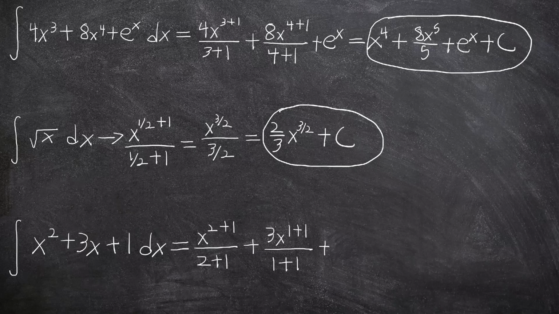And the integral of 1 would just be x. And applying the math, we would finally get x cubed over 3 plus 3x squared over 2 plus x plus c. And this will be our final answer right here.